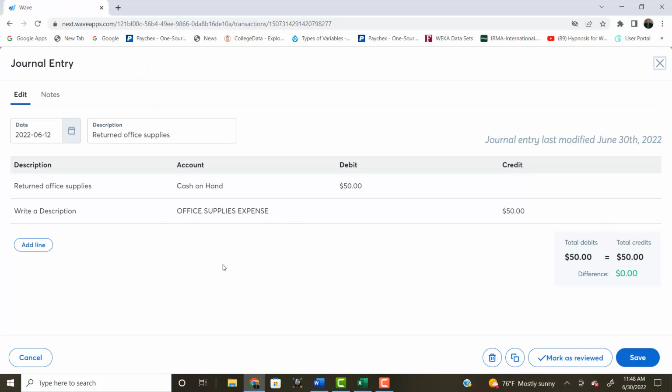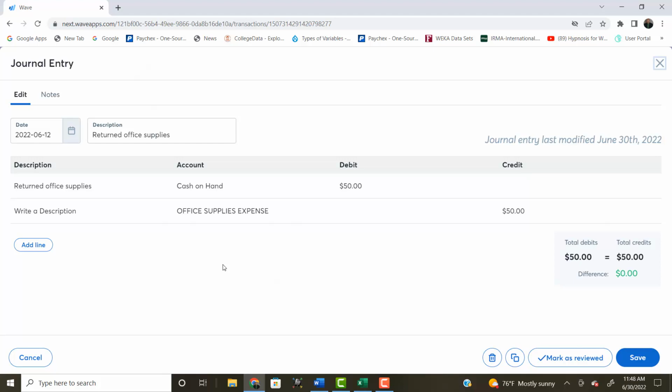So I'm trying to give you not just the theory that it goes to the asset, but I'm also trying to give you the practicality, so that when you get out there and you see this, you don't freak out and say, wait a minute, that's supposed to be going to an asset. My book said it's supposed to go to an asset. That's theoretically true, but in the real world it never does.